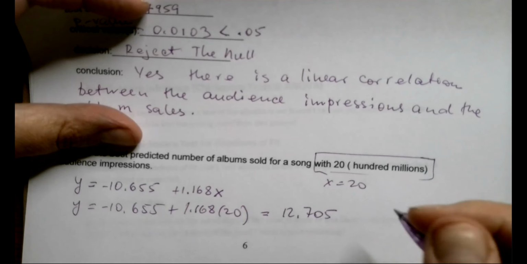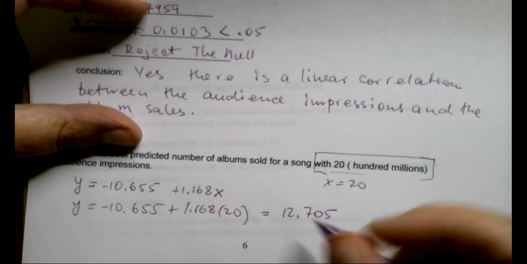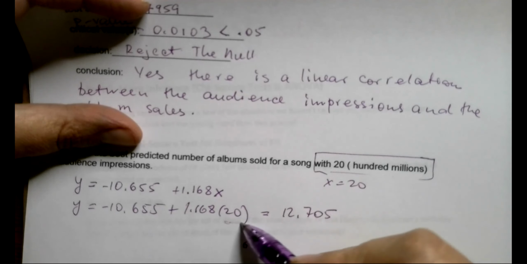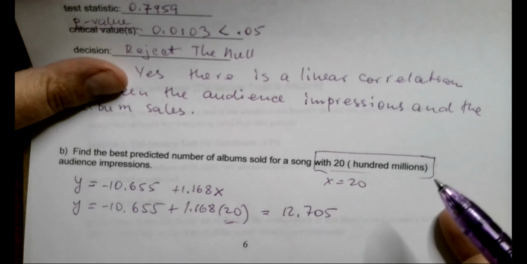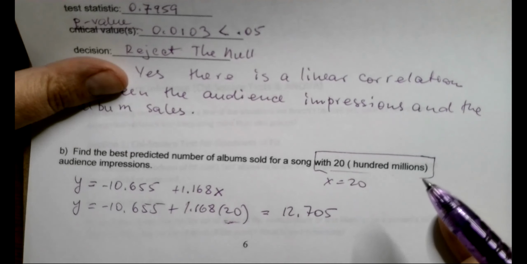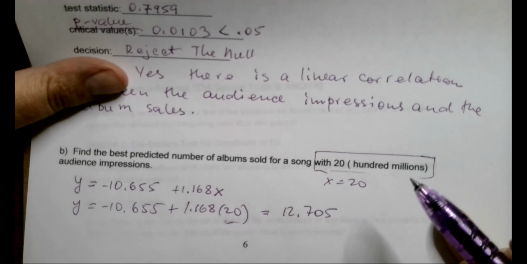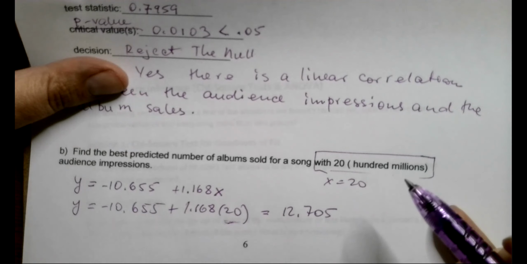100,000, of course, albums sold based on 20, what is it, 100 million audience impressions? I forgot.